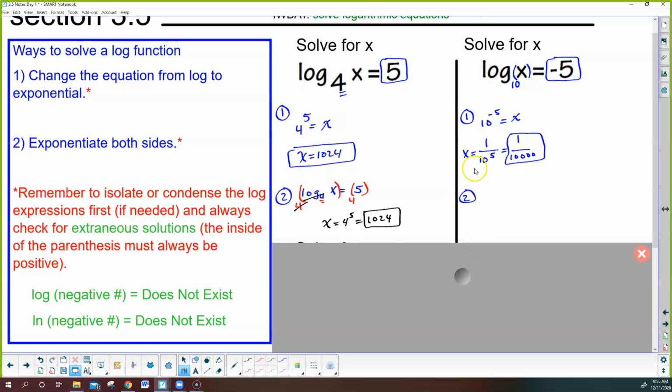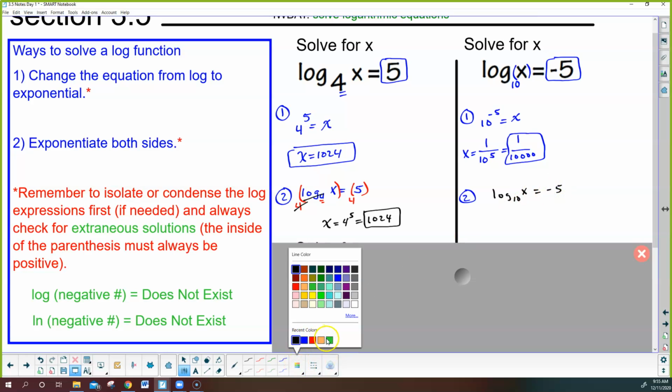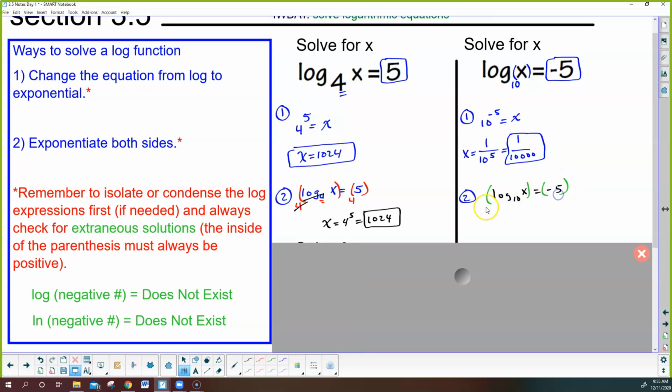Okay, what's the second way of doing this? It's taking the original expression and raising both sides to the power of the base. We just call it exponentiating both sides.